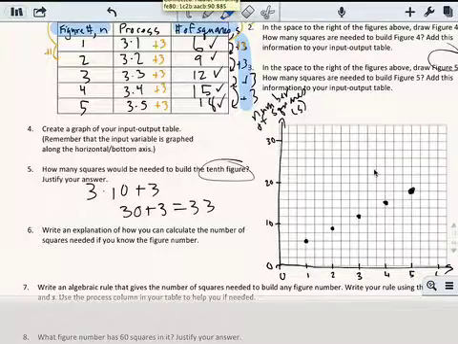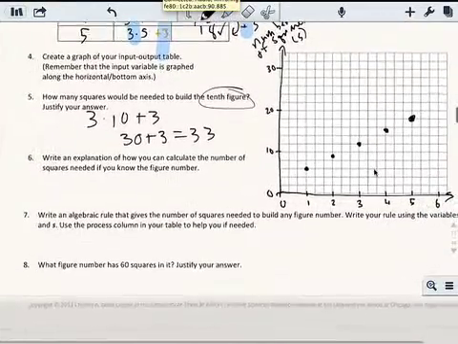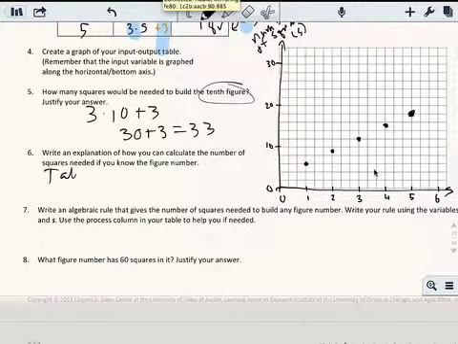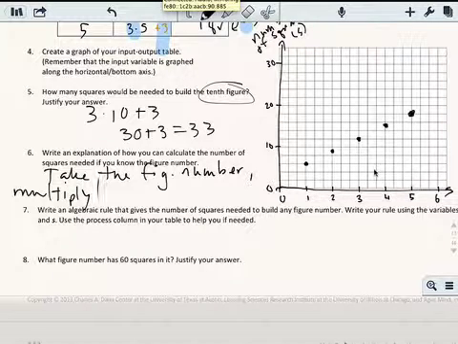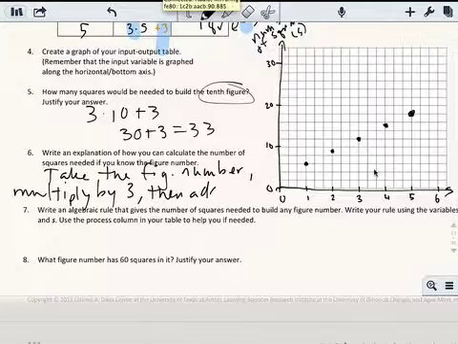You can notice again that we've multiplied by 3 and added 3. And so take the figure number, multiply by 3, then add 3. And you should have an answer.